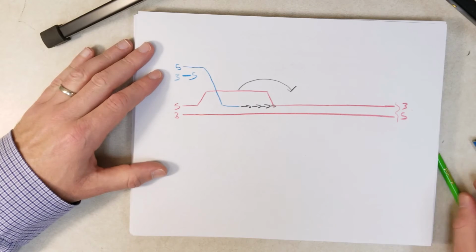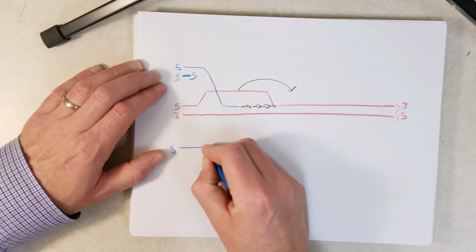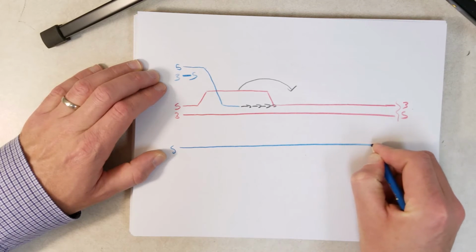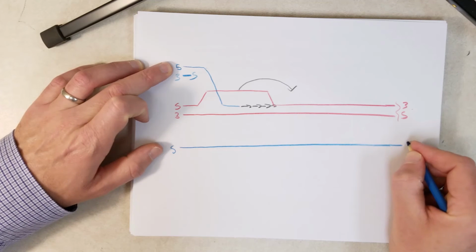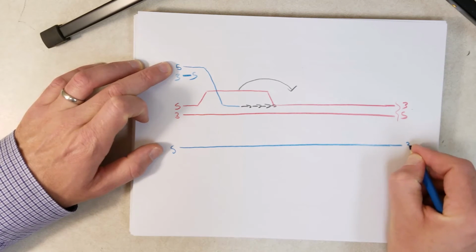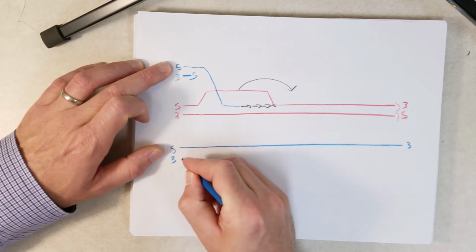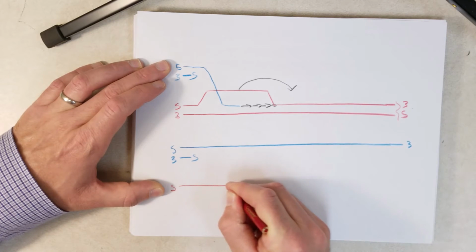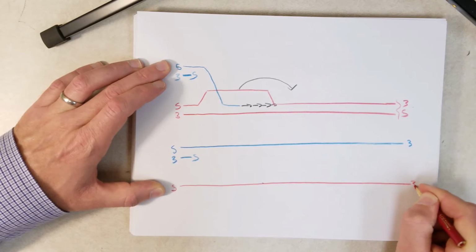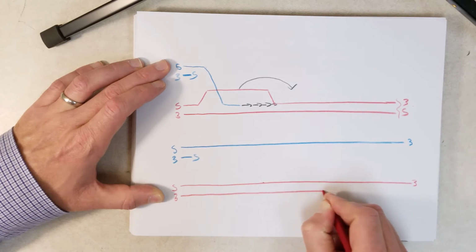And so once it reaches the end, this has been extended, and eventually it dissociates from the donor template. And the donor just goes back to how it was before this process started.